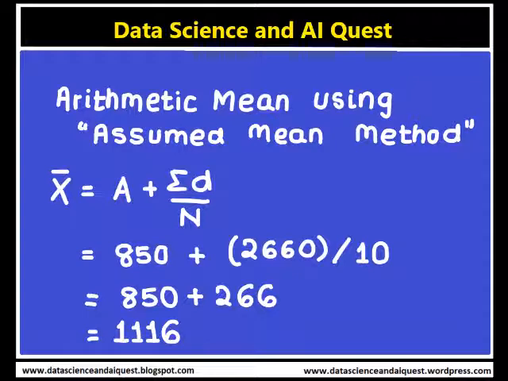So the arithmetic mean through the assumed mean is found to be 1116. Thus the average weekly income of a family by both methods, the direct mean method as well as the assumed mean method, is found to be rupees 1116.